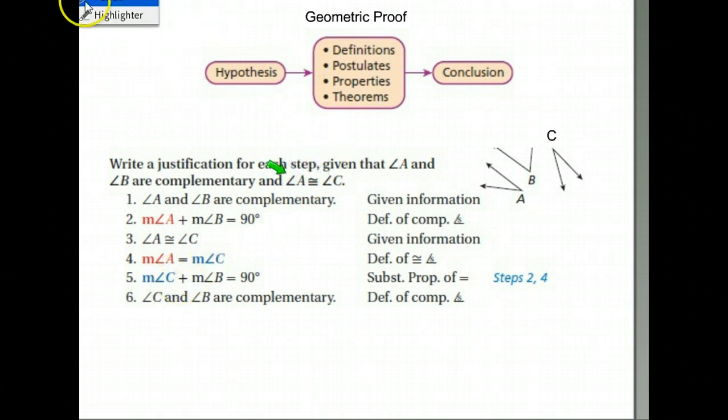We are given that A and B are complementary, and that A is congruent to C. From that, they want us to prove, and this is always the last step of your proof, whatever you were asked to prove: that C and B are also complementary.